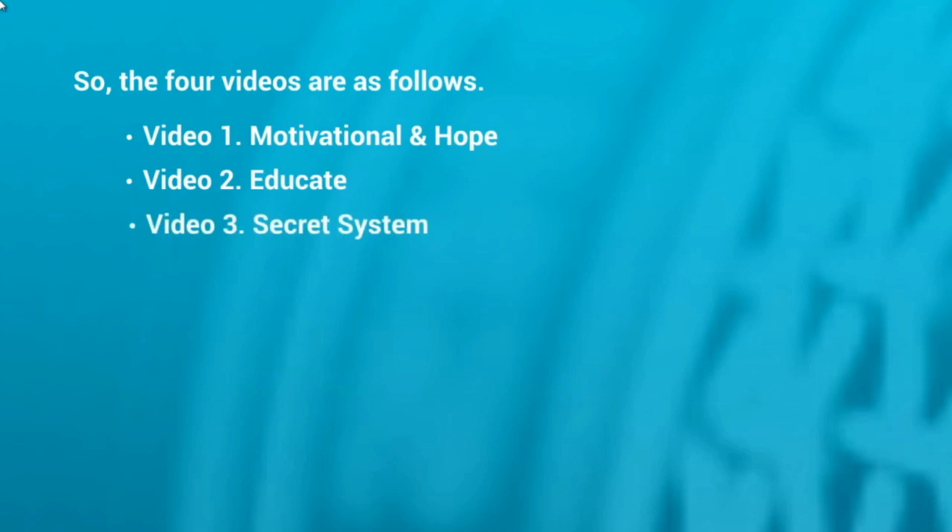And that's where we bring in video number 3, which is the secret system. The secret system is essentially your secret. What is your solution, your blueprint? What is your secret sauce that you have discovered that other people have not? But at this point in time, remember, you're not necessarily selling just yet.